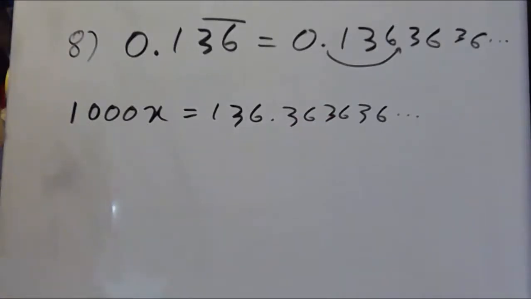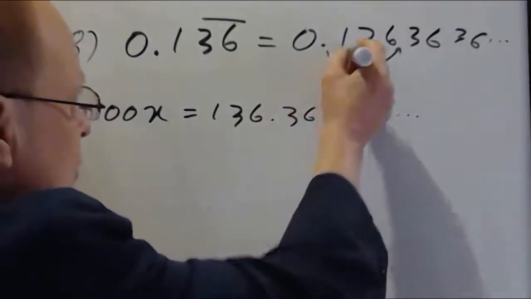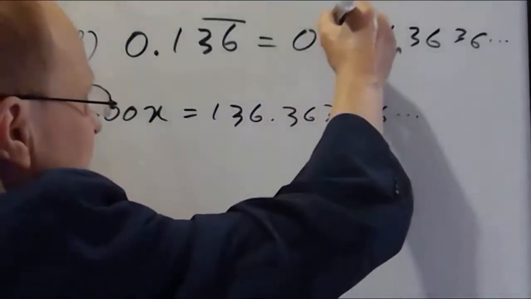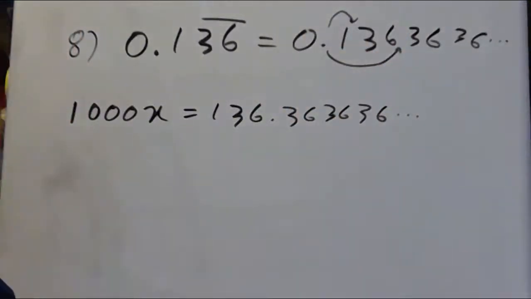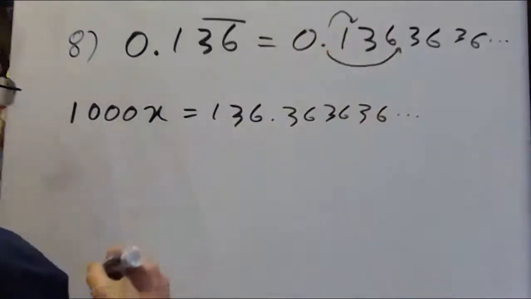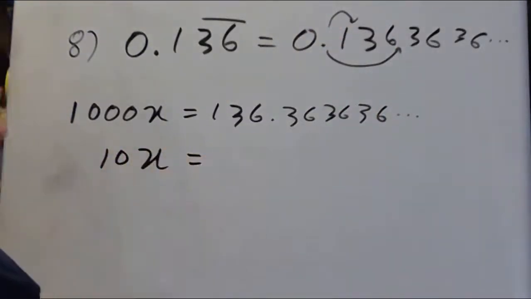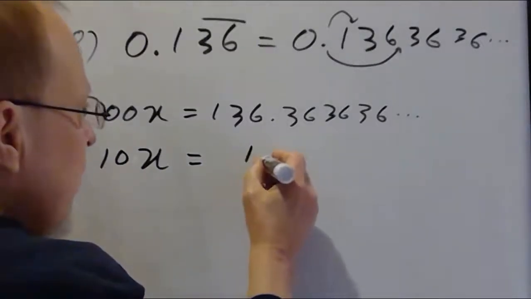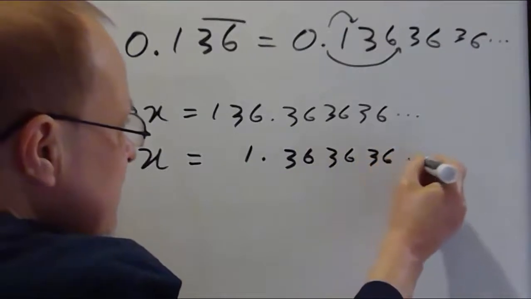And now I want to clear the 3/6 part. So the next thing I have to clear is this, so I can have the repeating 3/6. And since this is the tenths place, I'm going to multiply that. 10x is equal to 1.363636.